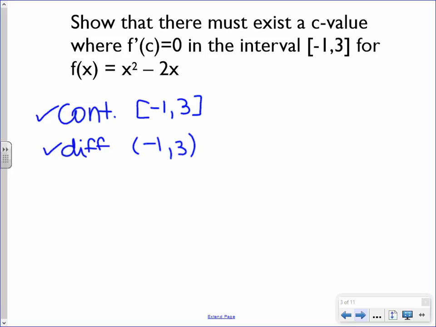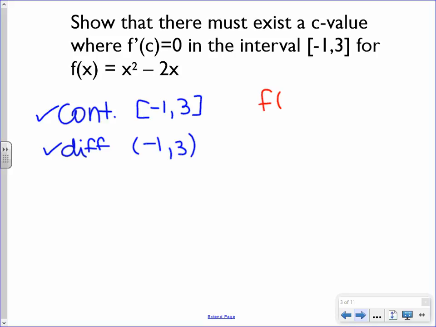Excellent. Then we can think about using Rolle's theorem. Before we can use Rolle's theorem, we have to make sure that these x values have the same height. How will we do that? Plug them in.